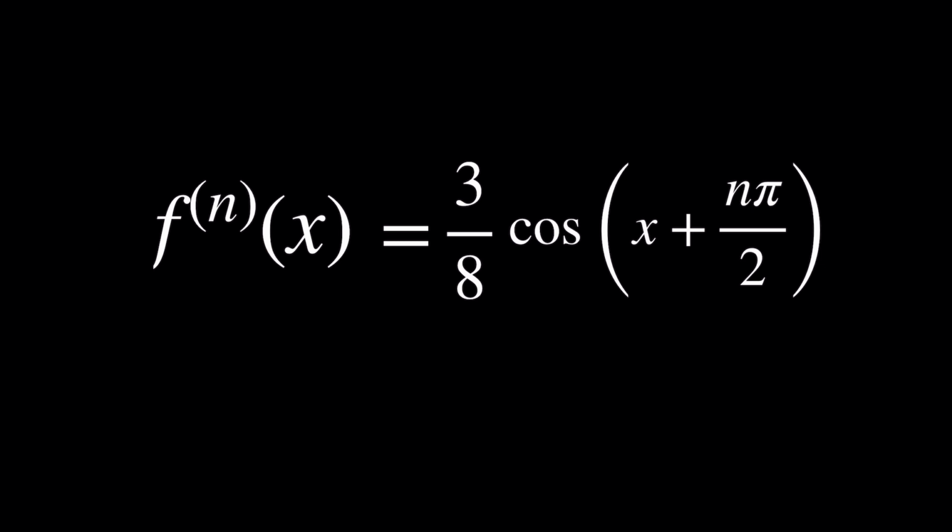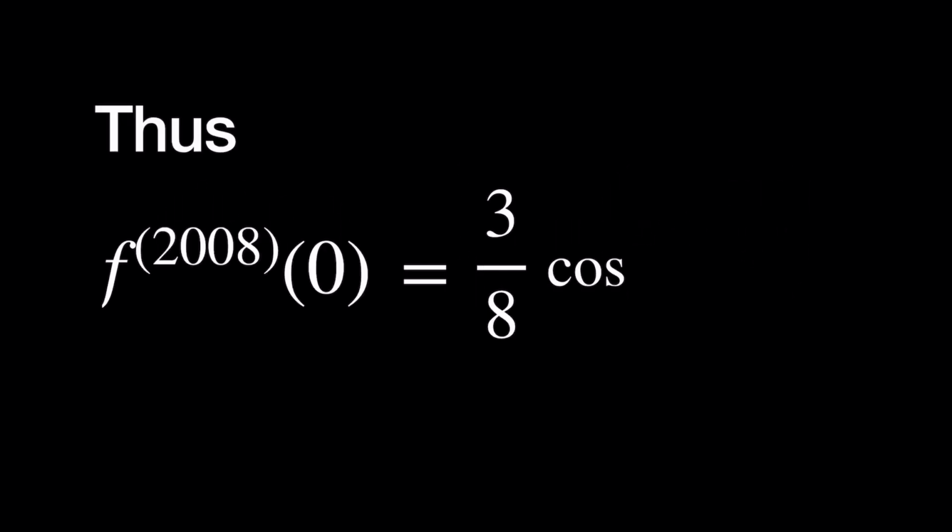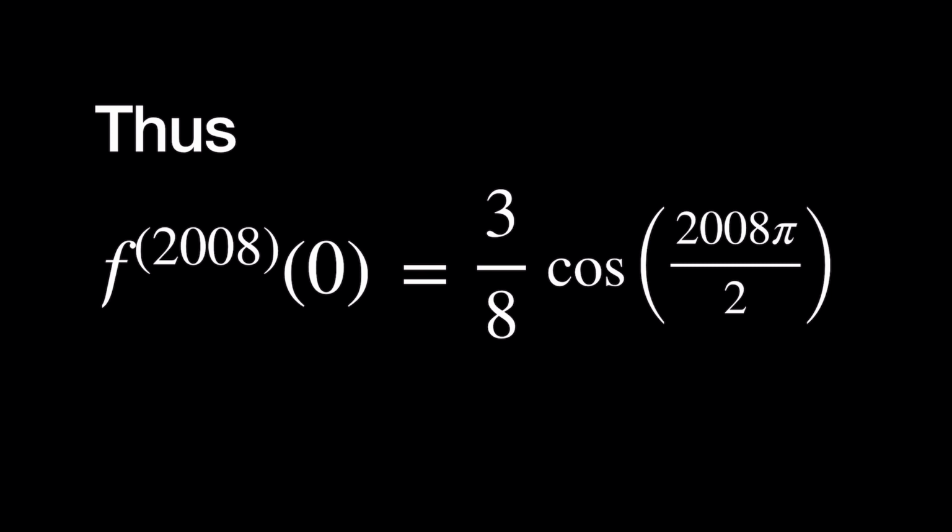Now let's see what happens when n is equal to 2008 and x is equal to 0. We simply get 3/8 of cosine of 2008 pi over 2.